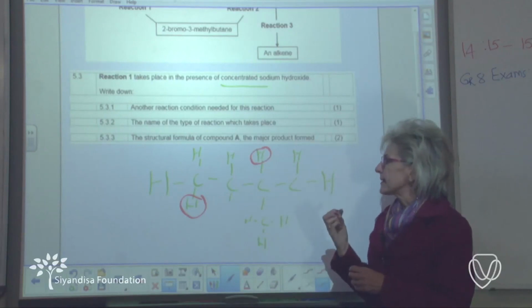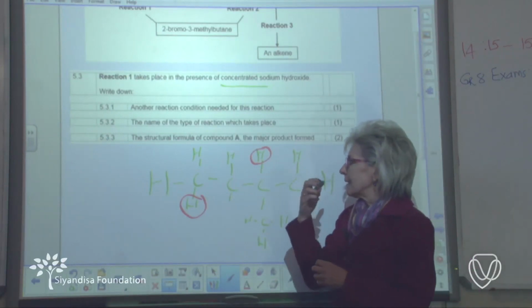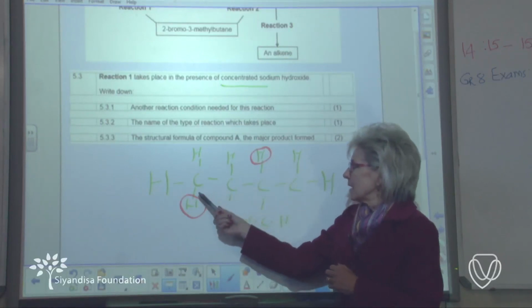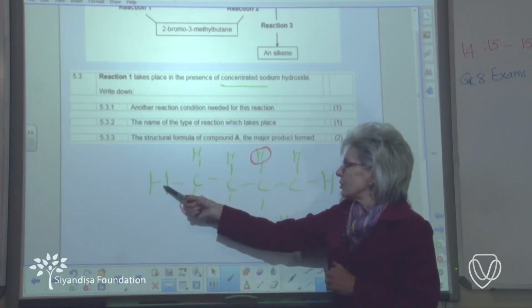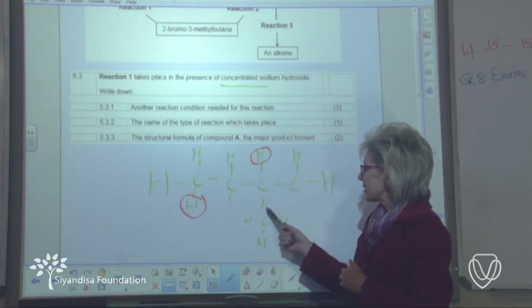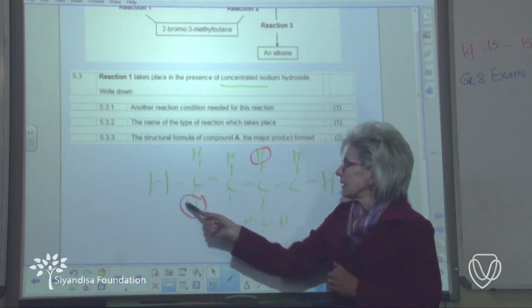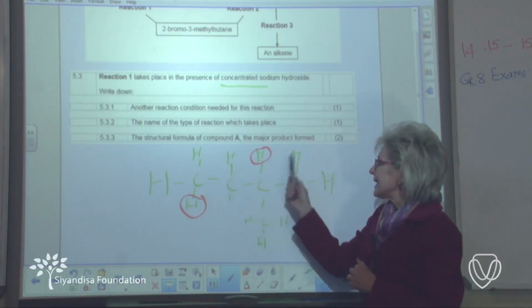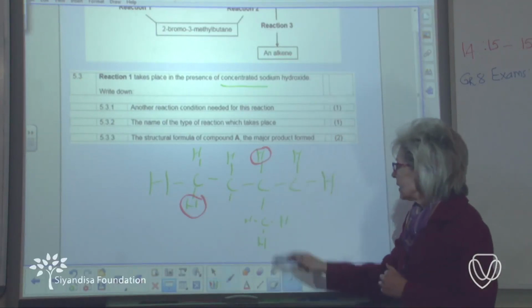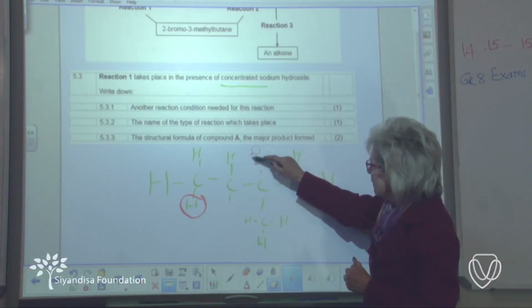And the rule is you remove it from the least substituted carbon. What does this mean? This carbon has got 1, 2, 3 hydrogens. This carbon's got 1 hydrogen and a methyl group, so it's got 2 substituents. This one's got 3. Therefore, the least substituted one is the carbon that needs to go. Therefore, that carbon needs to go.